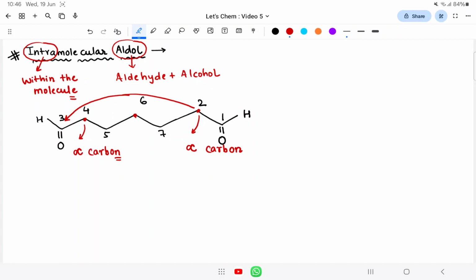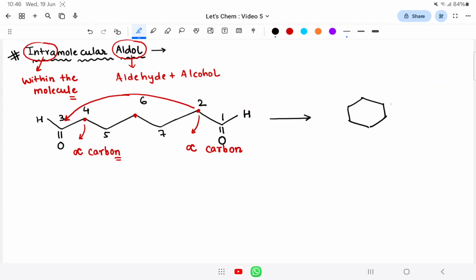Right now we are just showing you the shortcut method. So guys, what will happen here is, I'm just drawing the final product. We'll see the explanatory part also. The second carbon is going to get attached to the third carbon. So finally what you are going to get will look something like this.